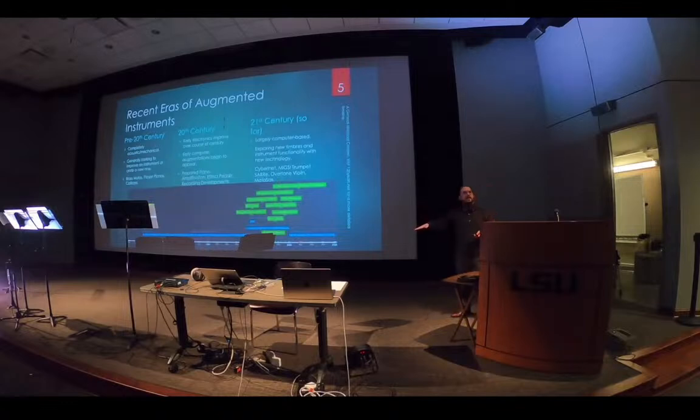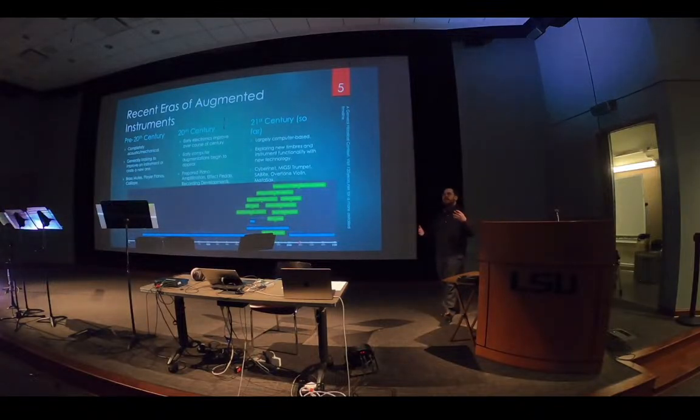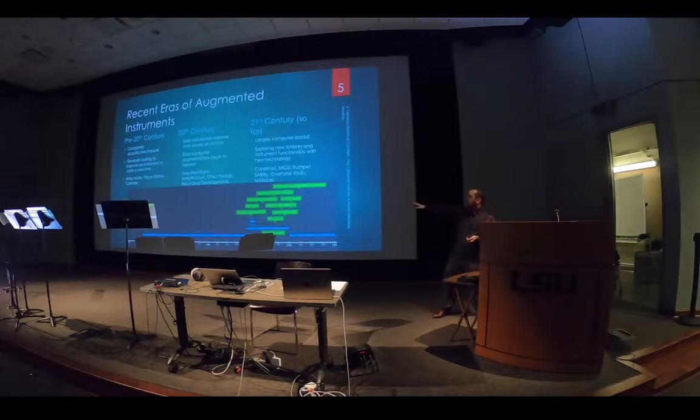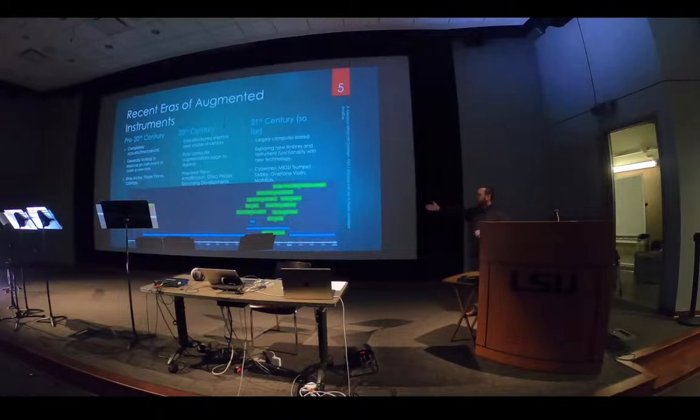Prior to the 20th century, that's a very long time frame. But I like to think of brass mutes as a very early conceptualized example of augmenting instruments. Way over on the far side of the stage from me, that's Orfeo by Monteverdi.